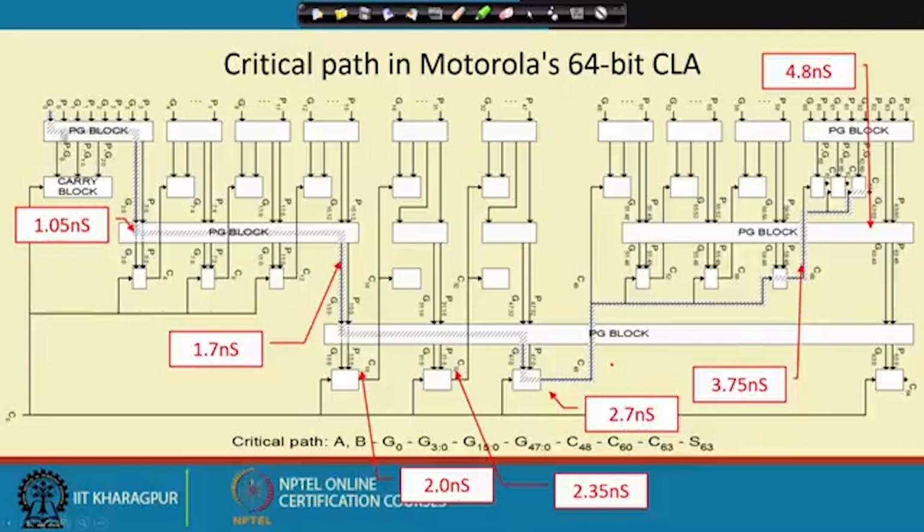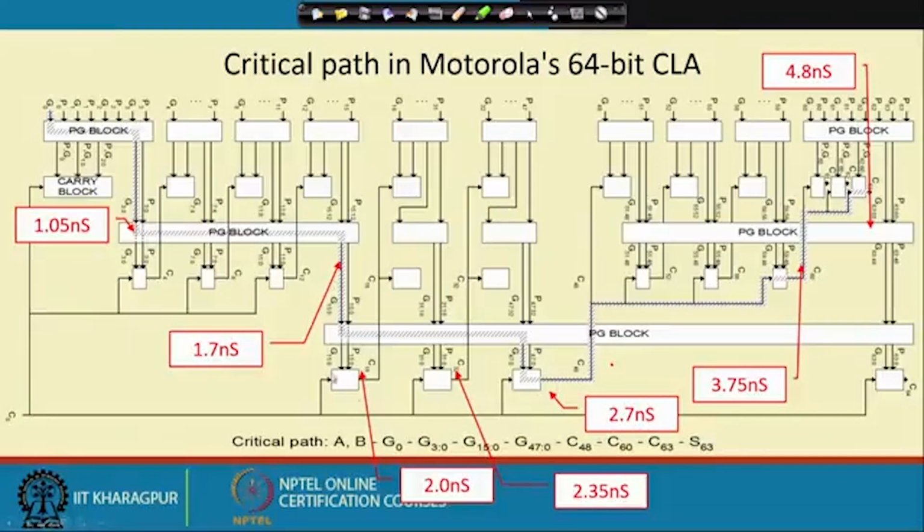For G0 to 4 bits of this PG block, the delay is 1.05. Whereas when it passes through the PG block, it is 1.7 nanosecond at this particular point.